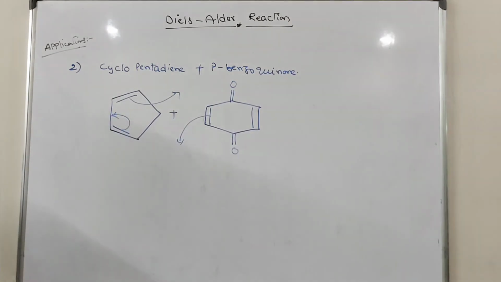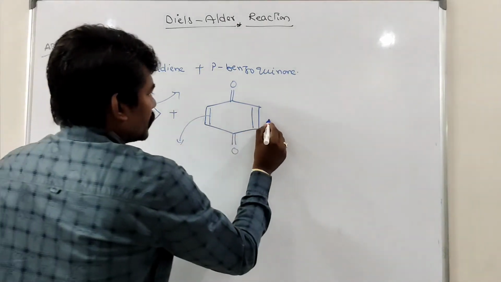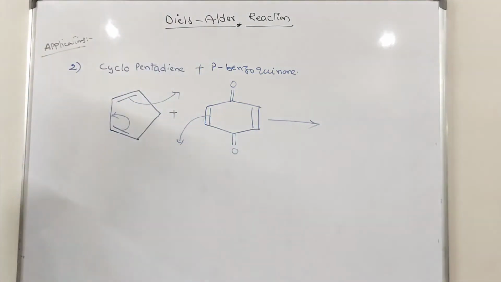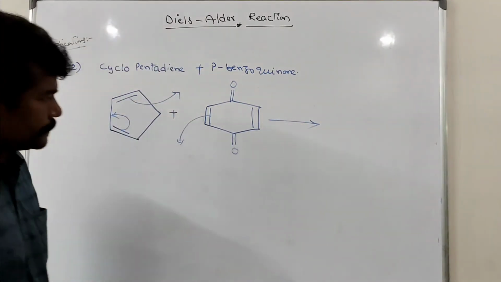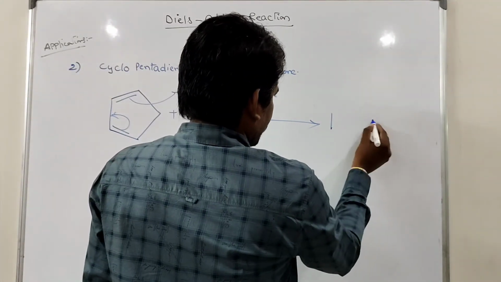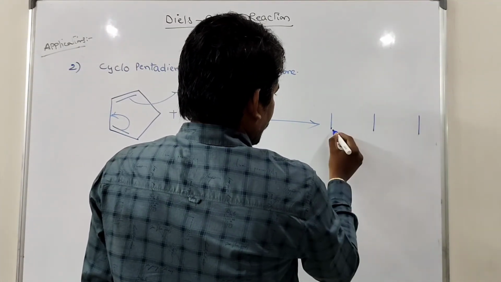Shifting of electrons takes place, and the diene and dienophile give the adduct, like this.